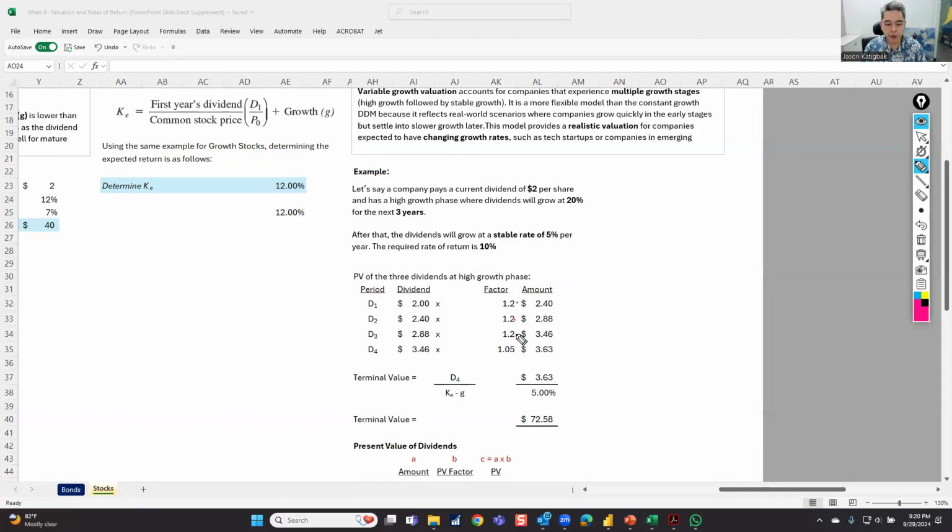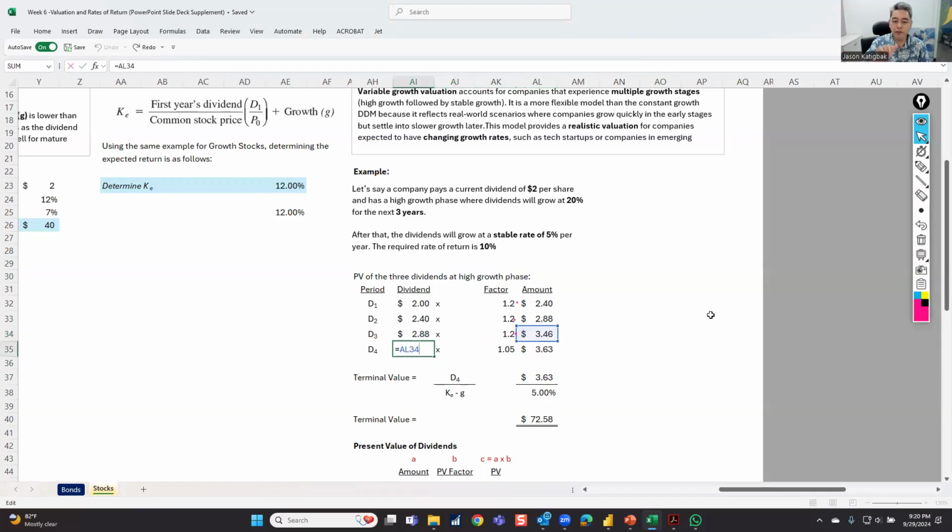So 1.2, 1.2, 1.2. So the way that we represent it in math is that $2 multiplied by 1.2, and the same dividend now, because it's going to grow, right? Multiplied by 1.2 will be 2.88 on dividend number 2 or year number 2. Then dividend number 3, pulling out from dividend 2, multiplied by 1.2 equals 3.46.